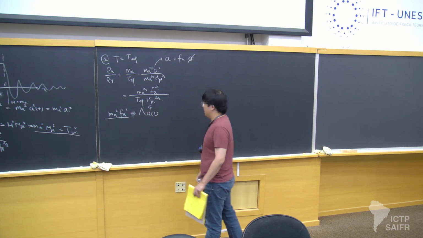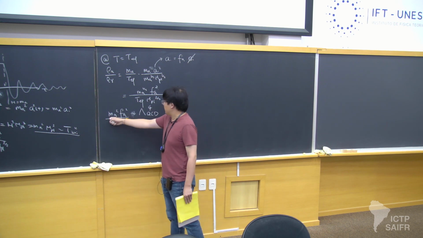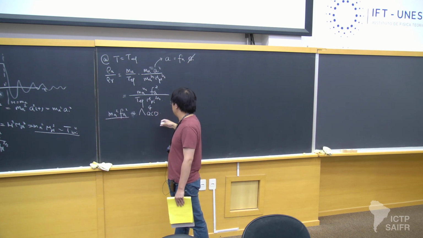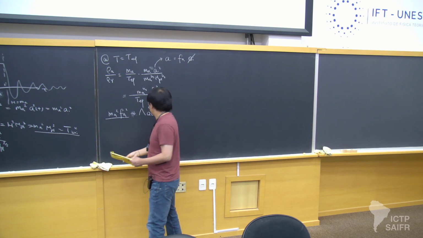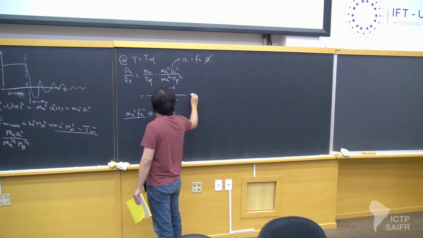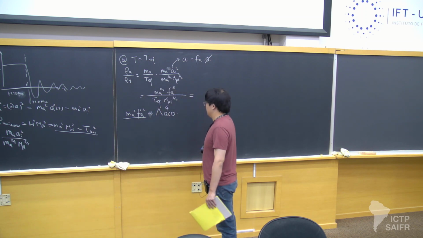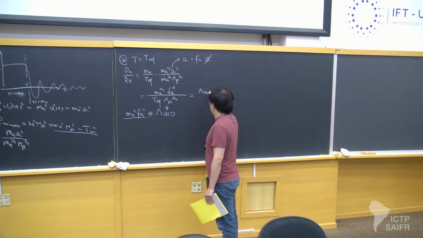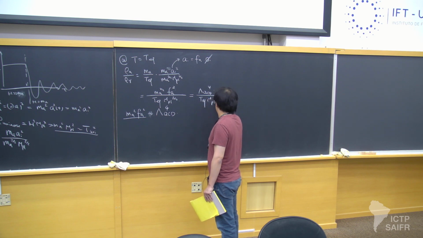So now I can substitute ma or Fa into this equation using this relation. Let's say I put Fa in there. Then this is equal to lambda QCD to the 4 over T equality and Planck 3/2 ma 3/2.